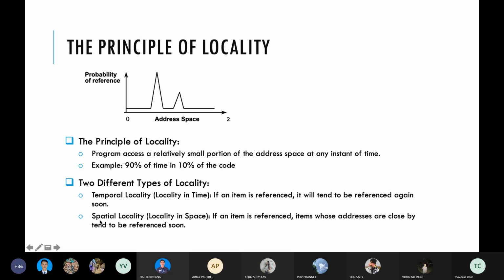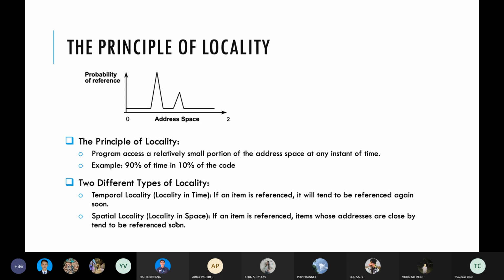Okay. Another one is spatial locality. Spatial locality here is talking about the addresses nearby the data that the CPU is requesting. Imagine that the CPU made a request to data at address 100 in RAM. So the addresses 100 plus 10, for example, and 100 minus 10, the addresses near address 100, have a high probability that the CPU will request them.